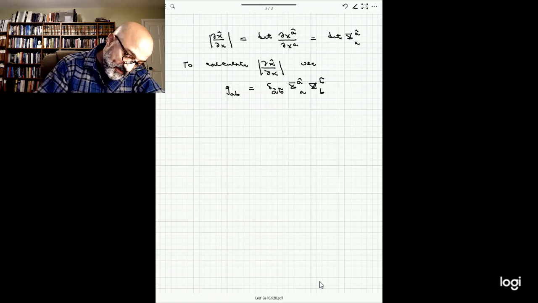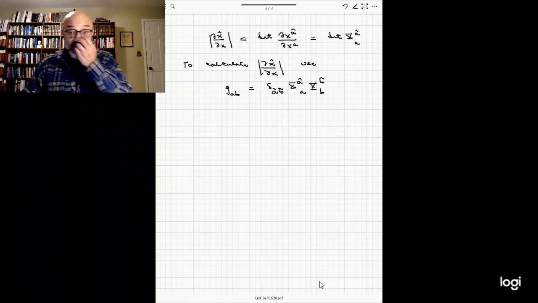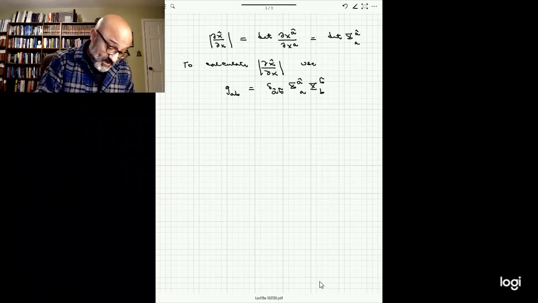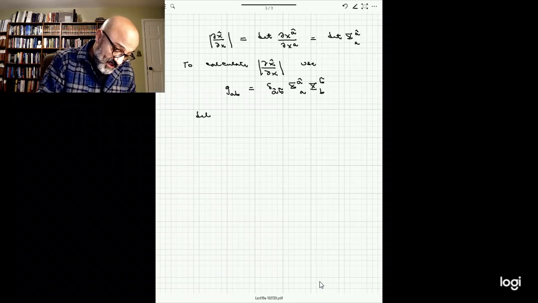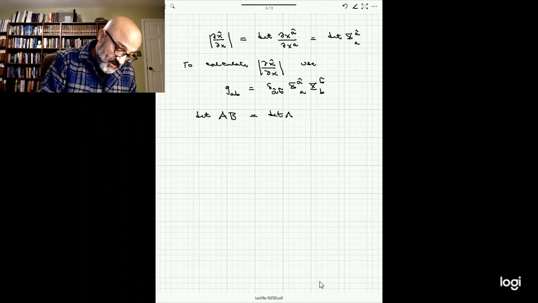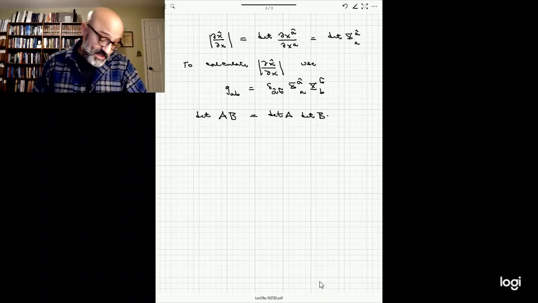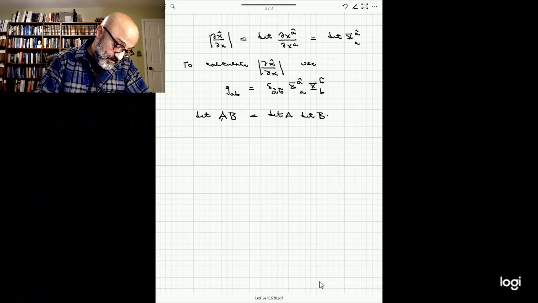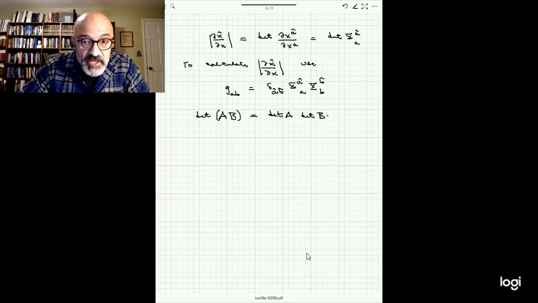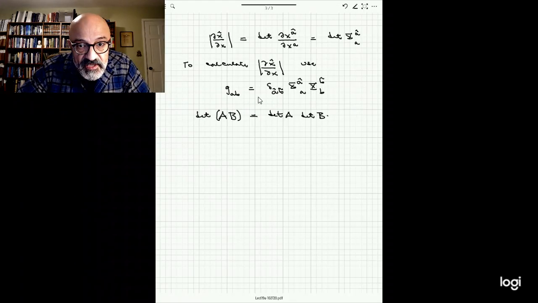Now, if you remember from linear algebra, the determinant of the product of two matrices is the product of the determinants. That's one of the beautiful properties of determinants. It's one of the reasons why we care about determinants. Very good. So let's take the determinant of this matrix equation here.